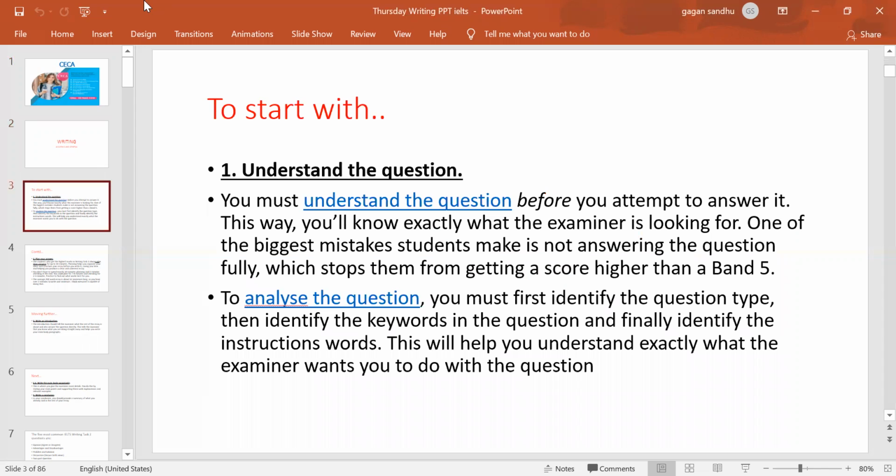So first of all, when we start with the writing essay, we get a statement like this: suppose the environment is changing day by day, and the pace with which it is changing is increasing as well, right? This is a statement, a situation given to us, and beneath that there will be a sentence asking us what the causes of this are and how it can be tackled.